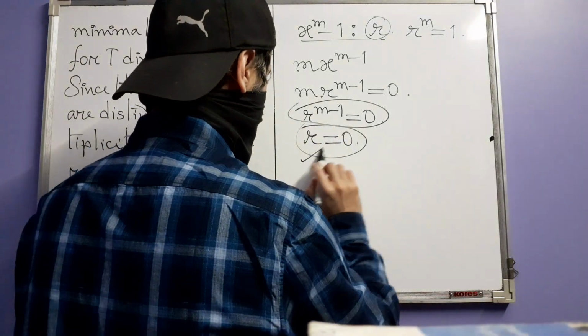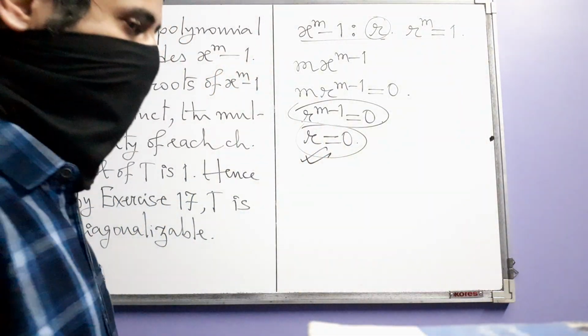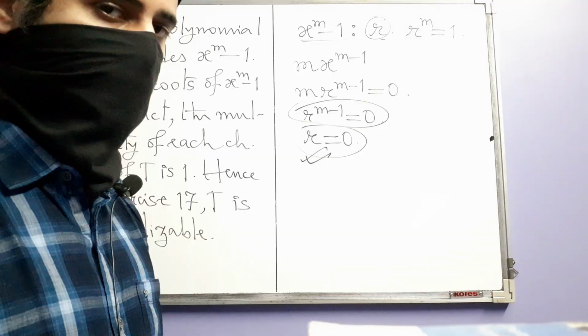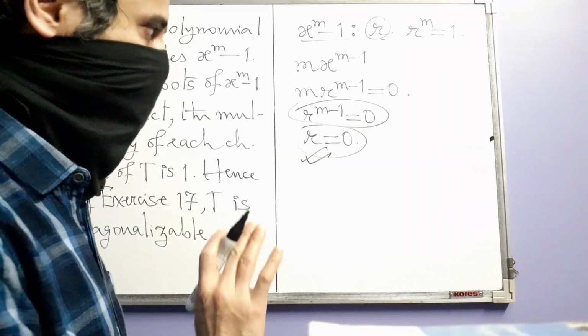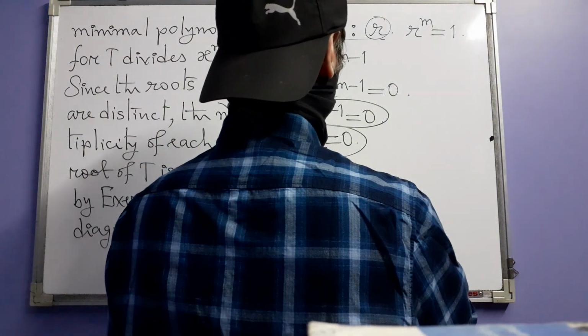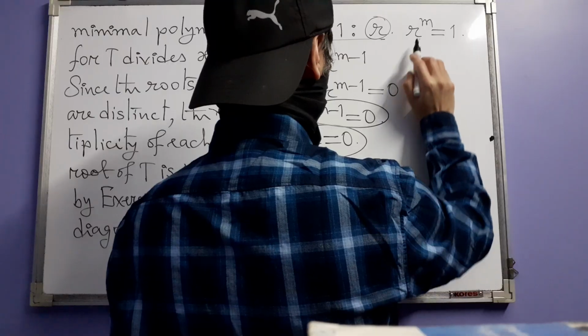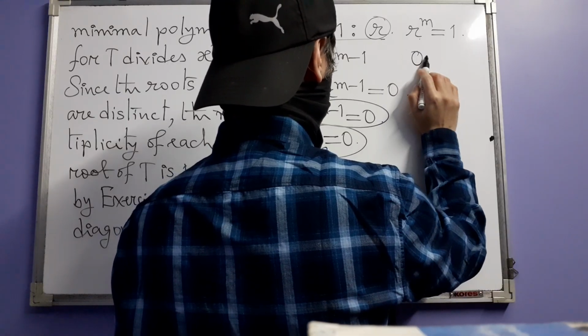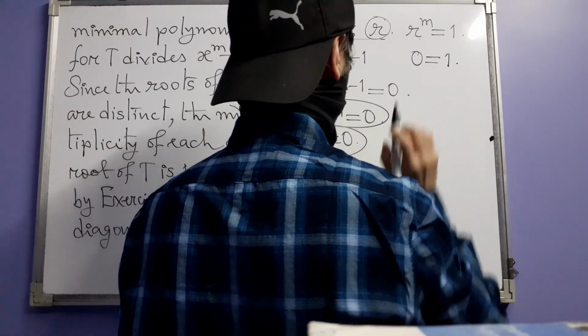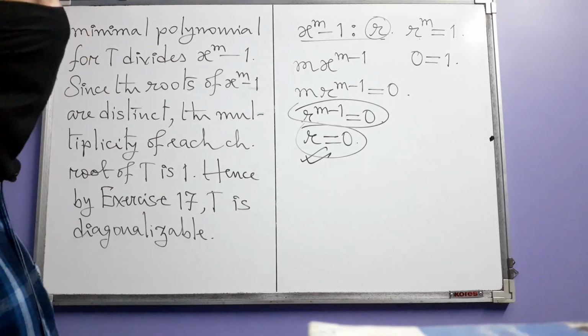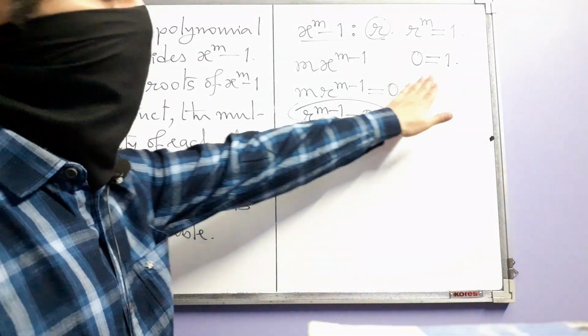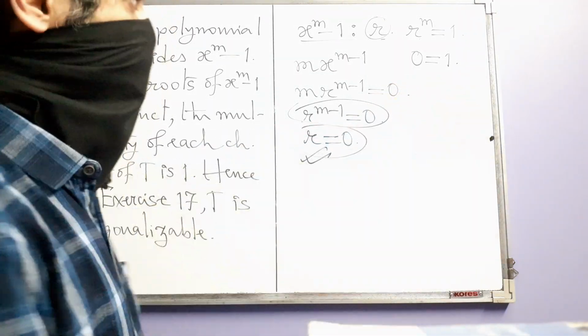But then we have to have this, since every field is an integral domain, so zero divisors do not exist. But if you now use the value here, obviously you are going to get 0 on the left hand side, but the right hand side is 1, and in no field do you have 0 equal to 1.